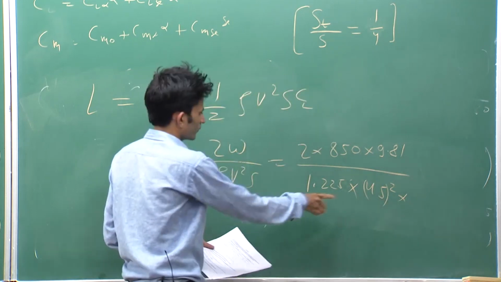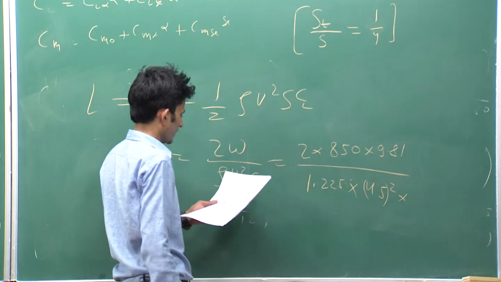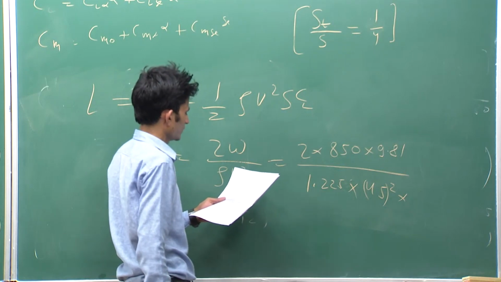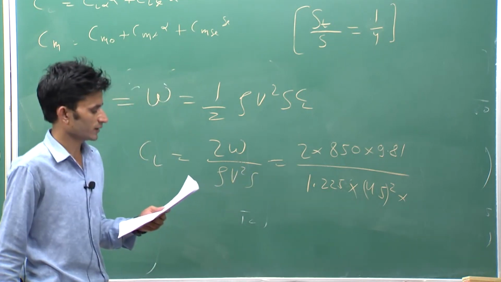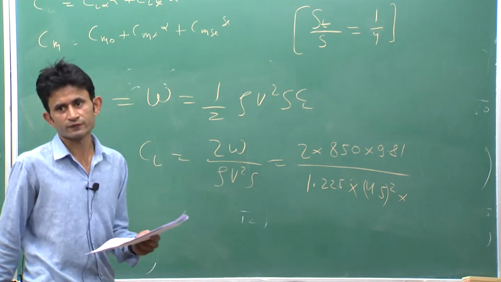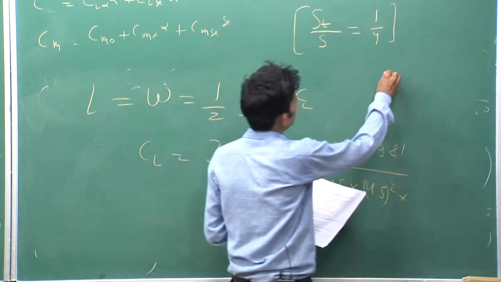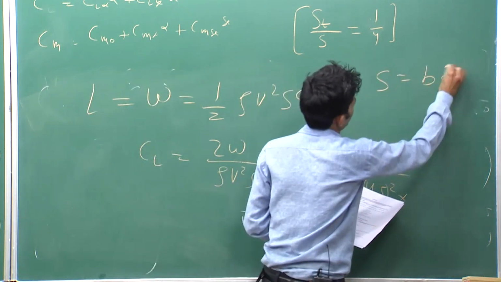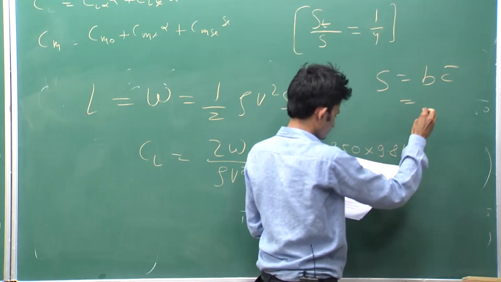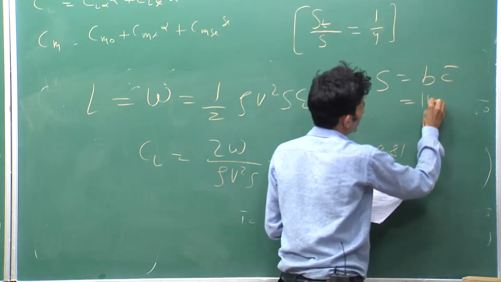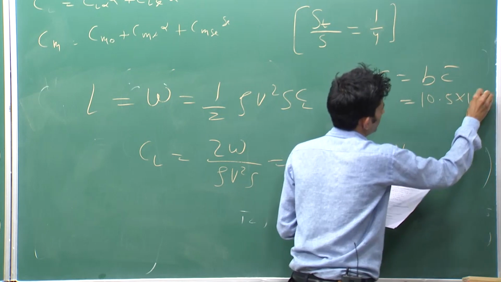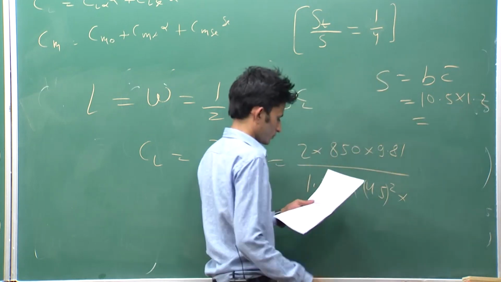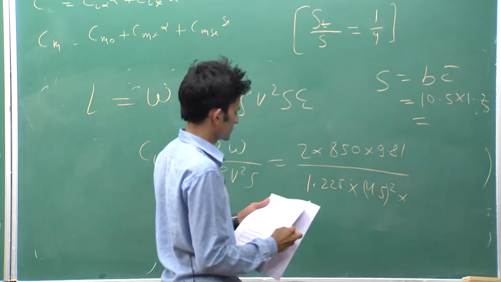this is V square, 45 square, and area of the wing is nothing but, this is also given that you have to take the rectangular shape of the wing. So your area will be nothing but b into c bar. So b is given how much? It is 10.5 and c bar is given 1.2. So your area will come around 12.6.